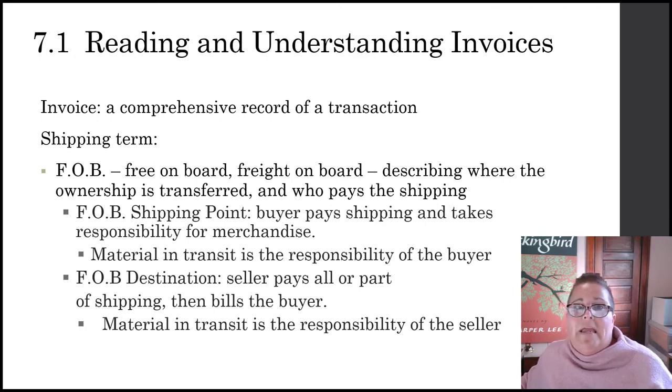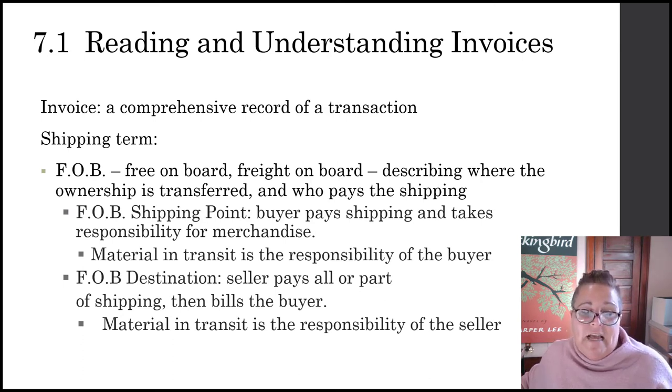In a roundabout way, it is also information about who is liable or responsible for that merchandise and until what point. So there's two types of FOB. The first is FOB to the shipping point, sometimes abbreviated as just FOB shipping. And this means that the buyer pays the shipping and takes responsibility for the merchandise.